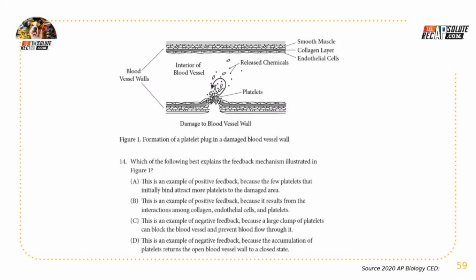Okay, I see a couple in the chat. Some C, some A. All right, so it is A, but let's look at C. This is an example of negative feedback because a large clump of platelets can block the blood vessel and prevent blood flow through it.